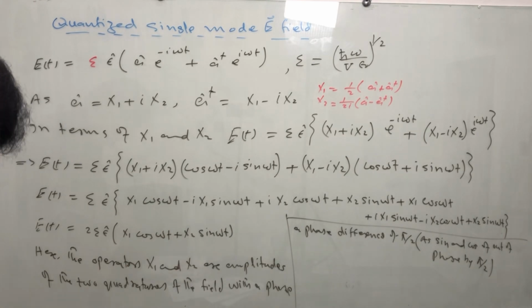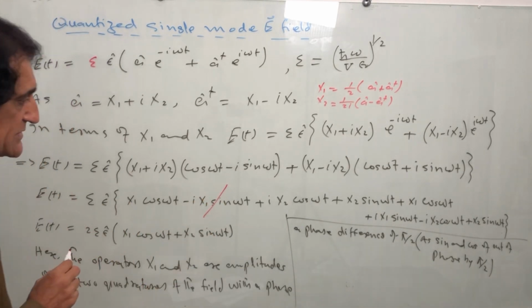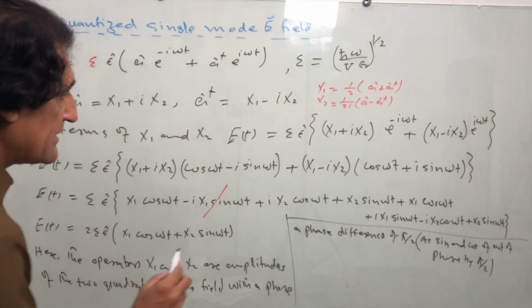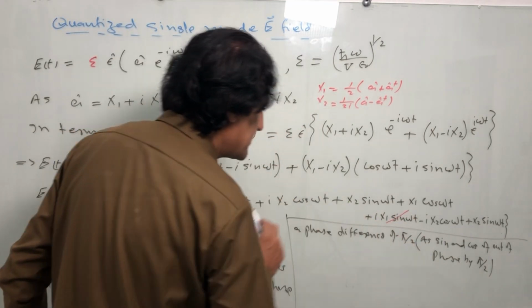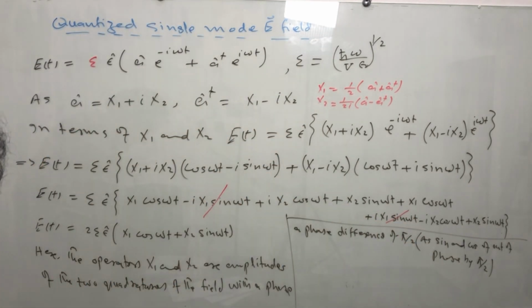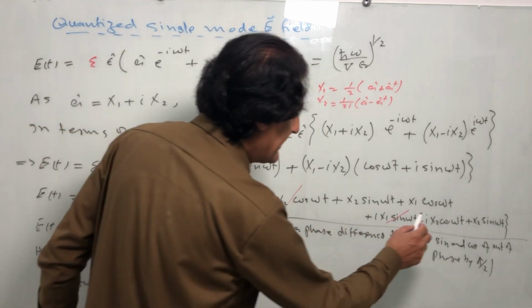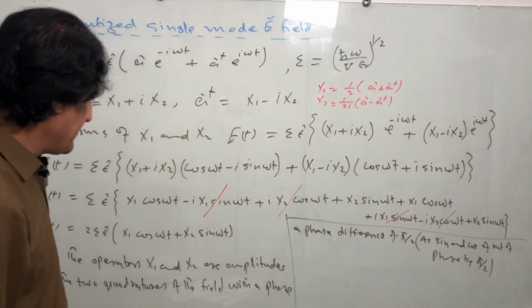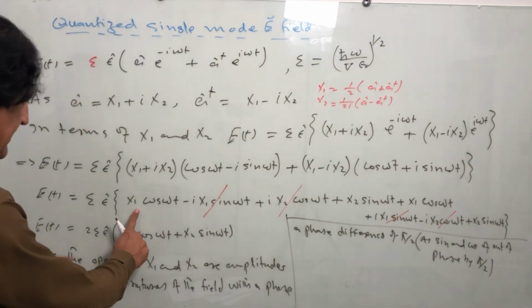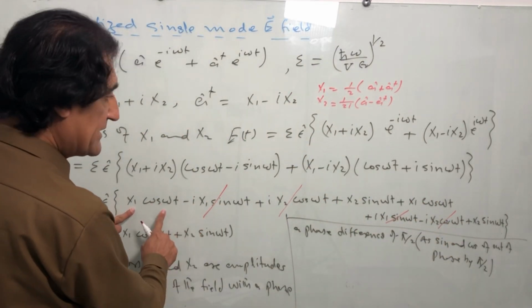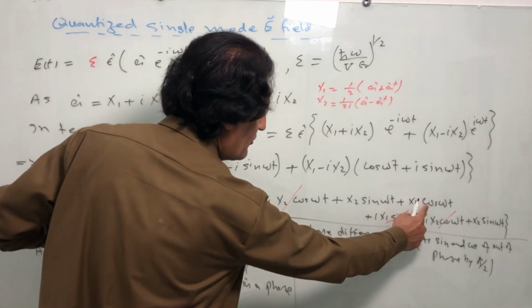One thing is clear, that there are terms that can be cancelled out, because minus iota x1 sine omega t can be cancelled out with this positive term. Another thing is iota x2, this is positive and this is negative. And then we have x1 cosine omega t, one term is this and one is this.